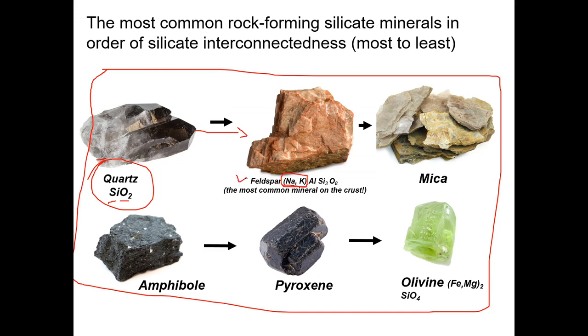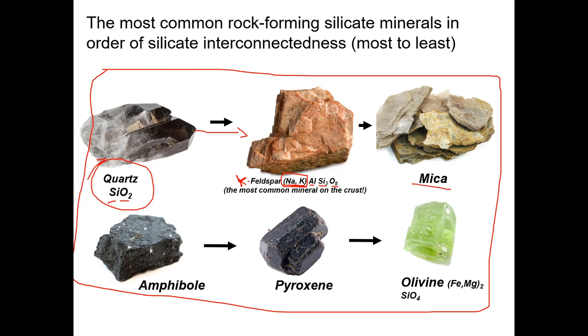So I should actually put here K feldspar. K stands for potassium; you might remember that the elemental symbol for potassium is K. So K feldspar has some potassium in it, and it's KAlSi3O8, and it's a framework silicate.